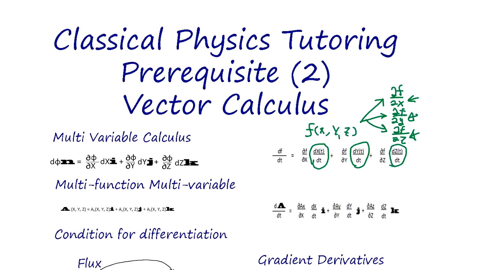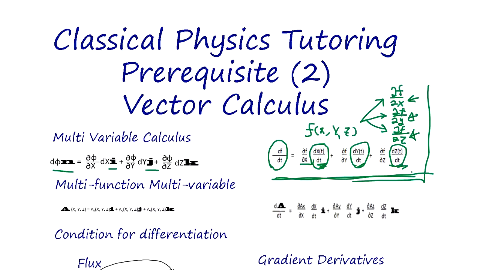When you want to know how the function changes over time, you take a derivative along x, and you take a derivative of that x with respect to t. I hope you learned this in the multivariable class. Now, the vector can have i, j, k independent.